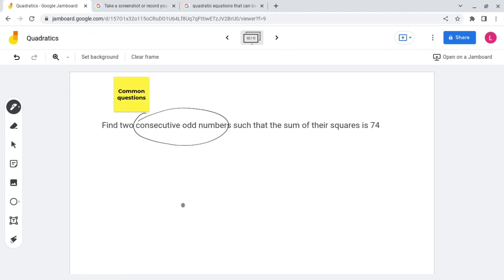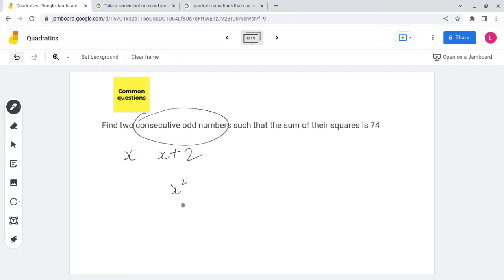If we let the lower number be x, the higher number would definitely be x plus 2, right? Because consecutive odd numbers means there has to be one even number between them, and the next one would then be the next odd number.